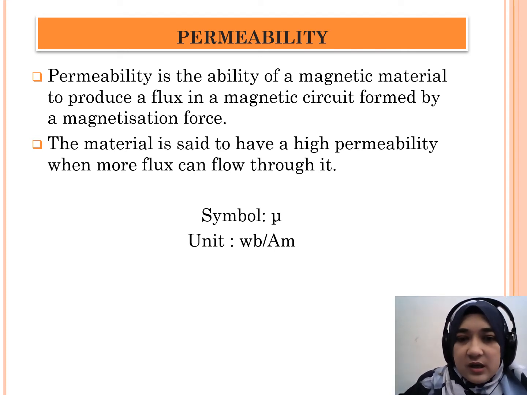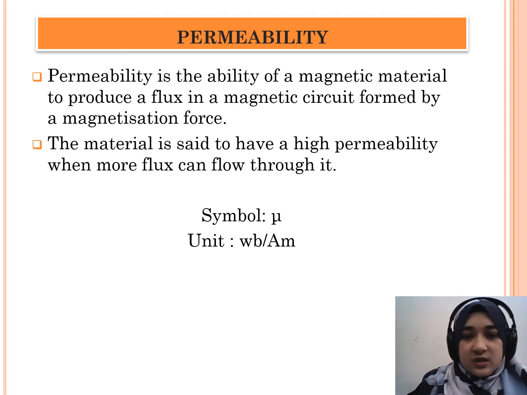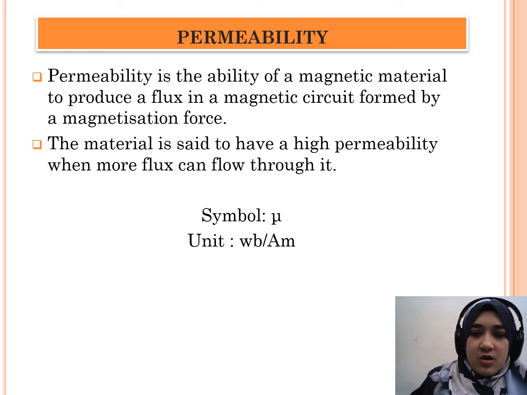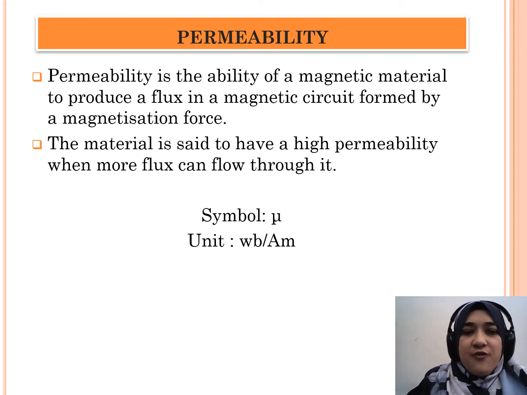Okay, what is permeability? Have you heard of conductivity in electrical? Permeability is the same as conductivity, but in magnetism. Permeability is the ability of a magnetic material to produce a flux in a magnetic circuit formed by a magnetization force. Or in simple words, it is how much flux can be taken in a magnetic circuit.